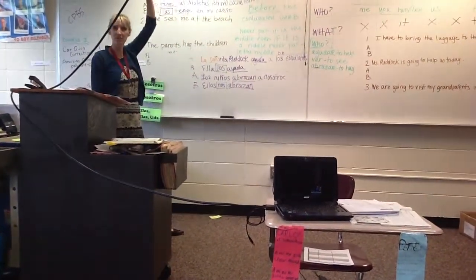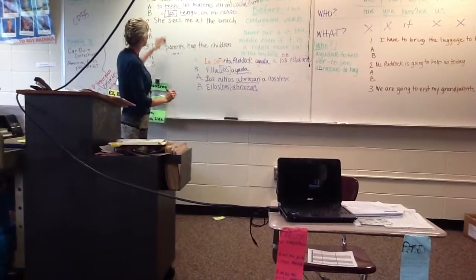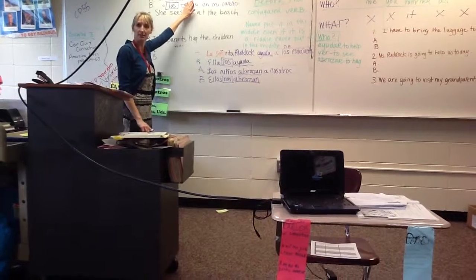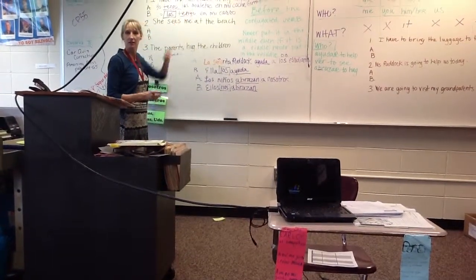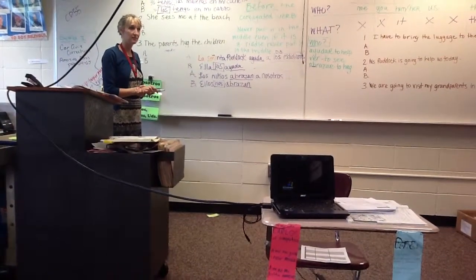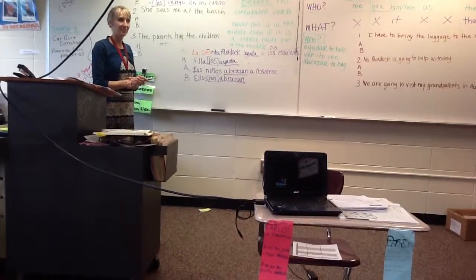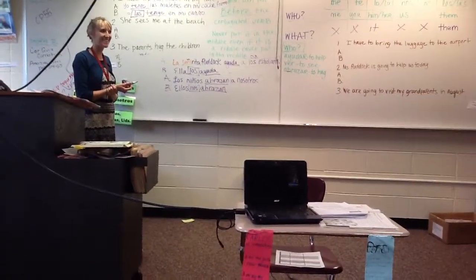Preguntas? Are there any questions? Wait, what do you square? Okay, you square the direct object. And how do you find the direct object? Ask who or what. This is tricky, isn't it?